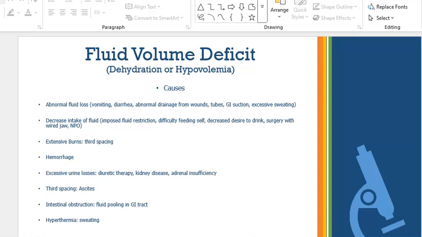So the blood vessels, which includes the capillaries, may be affected, leading to increased capillary permeability, which just means that the fluids are moving from the vascular into that tissue. Peds are especially vulnerable to dehydration from burns because they have higher surface area.